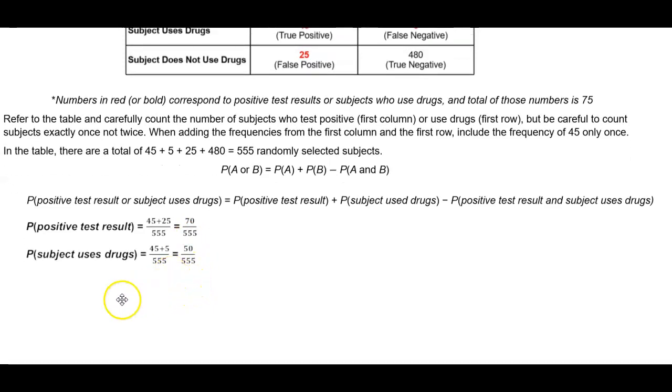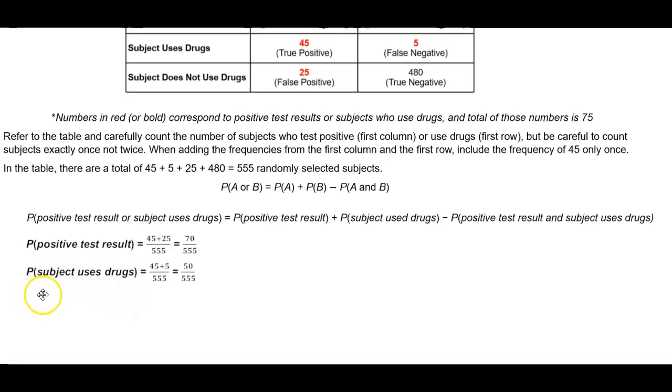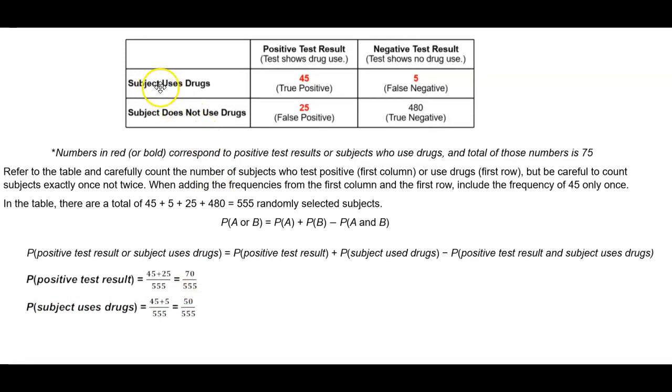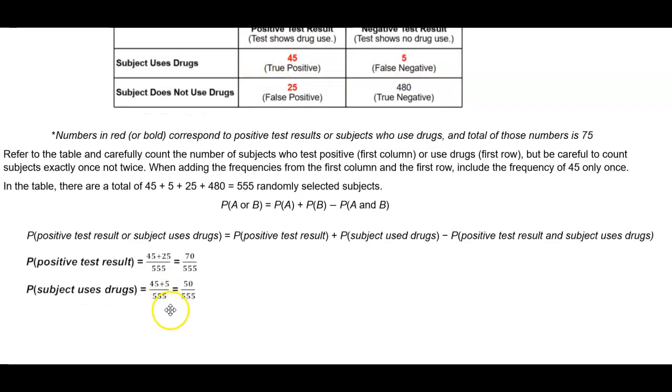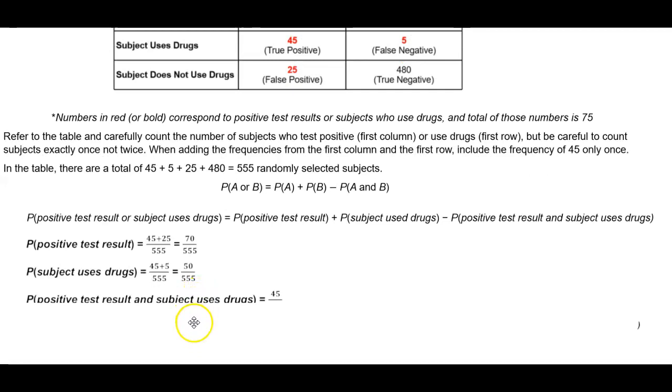Now we want to find the probability that the subject uses drugs. That means we're looking at the row, so we add the values in the row. The subjects that use drugs are 45 and 5. So we take 45 plus 5, which is equal to 50, and we divide that by 555.